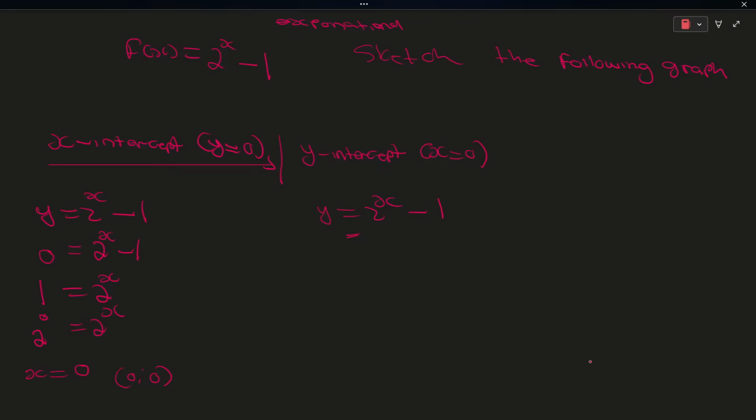Let's let x to be 0. So we're going to have 2 to the power of 0, minus 1. When you press your calculator, you are going to have 0. It means that my y-intercept is also (0; 0).